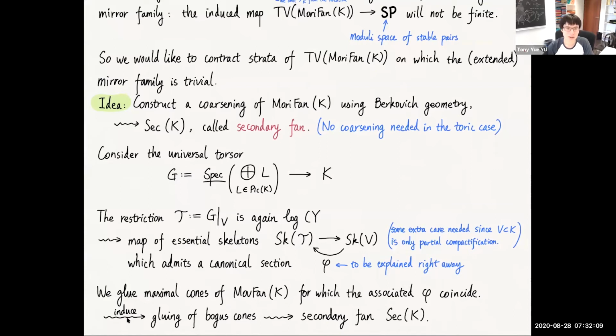Furthermore, this coarsening of the moving part also induces a gluing of the bogus cones. And finally, it induces a coarsening of the total Mori fan, which is by definition the secondary fan, sec of K. So this is the rough idea for our generalization of the GKZ secondary fan. And now let me explain some ingredients inside this construction.